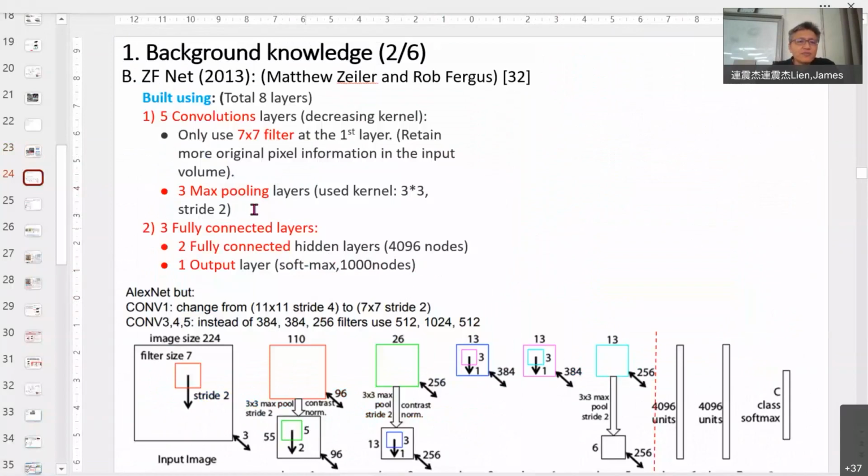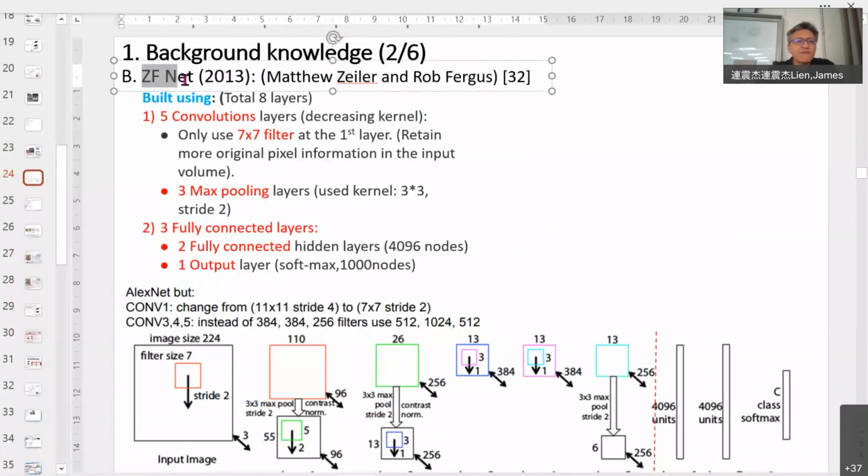Before that, in 2013, there was a paper called ZFNet. Because it's very early, it does downsampling and classification, but it's not famous.